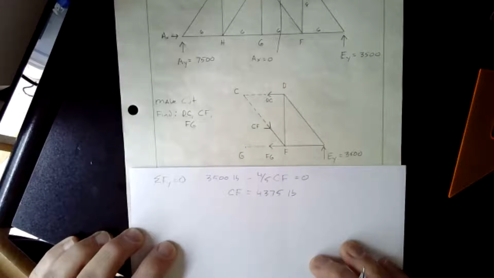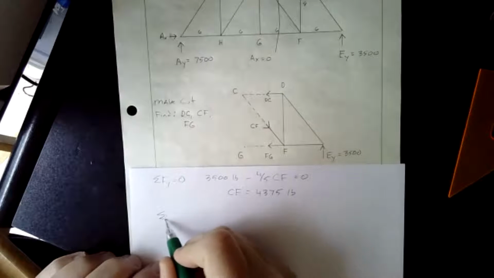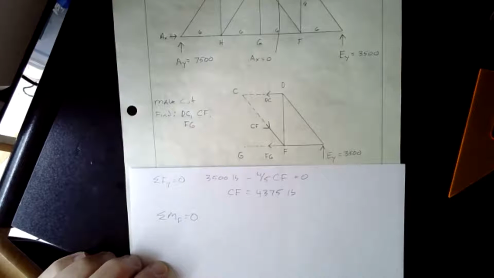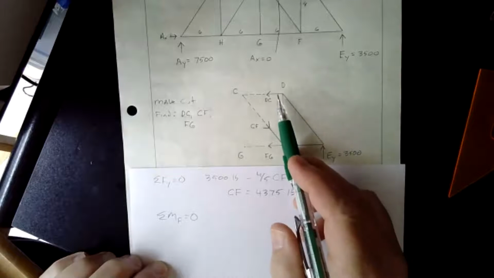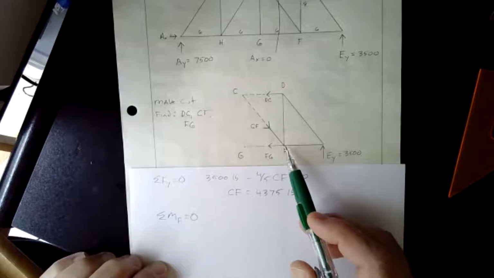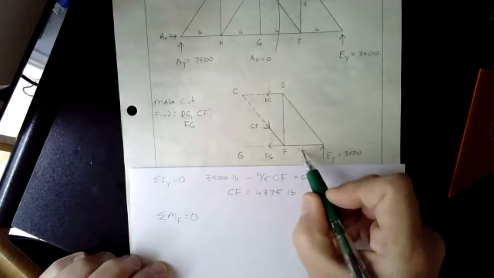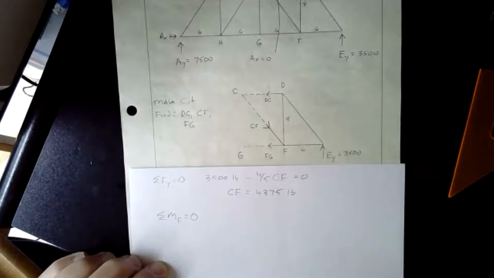So we see that. Then the next step is to sum the moments about F to 0. If we do that, then we basically get rid of this one, and we can solve for that. And you can see that makes things fairly easy, because we know that this is a distance of 6 and this is a distance of 8. So what do we have?